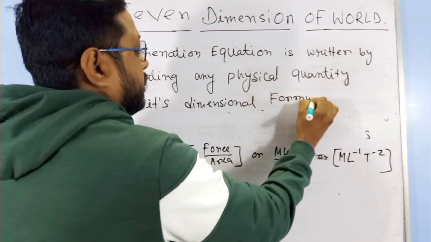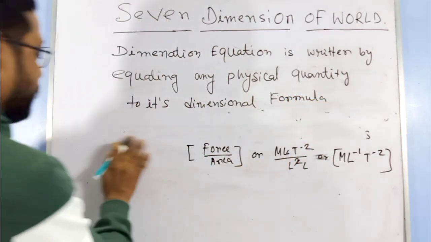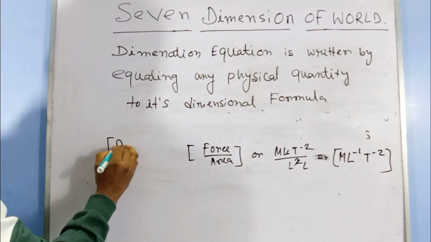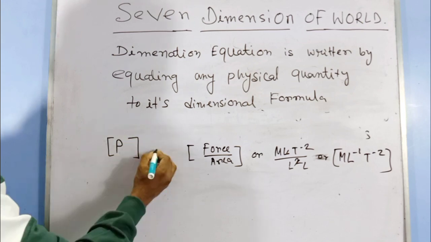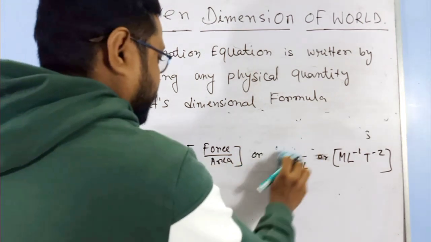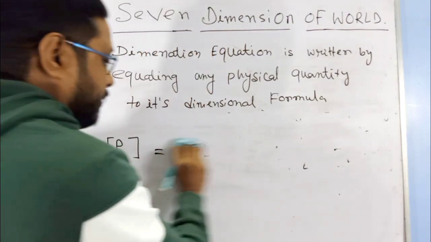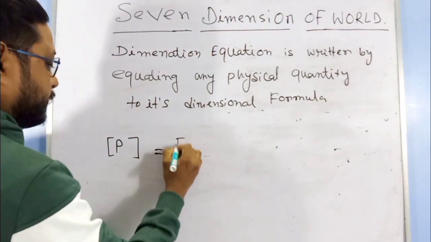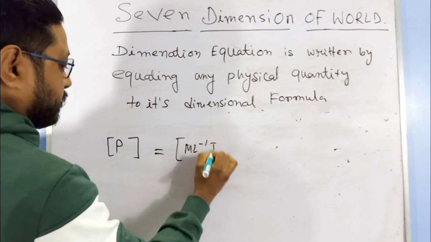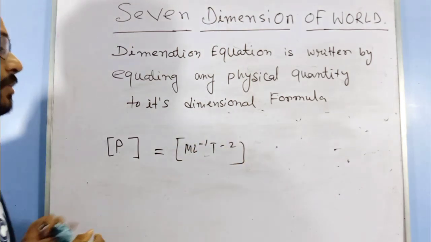Suppose this is pressure. If we write it as pressure, the symbol of pressure is P, equal to m L minus 1 t minus 2, then this is the dimensional formula.